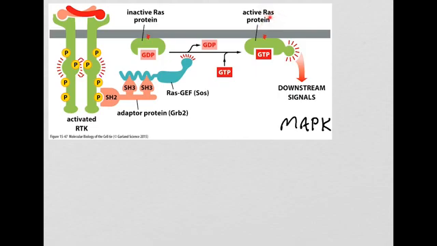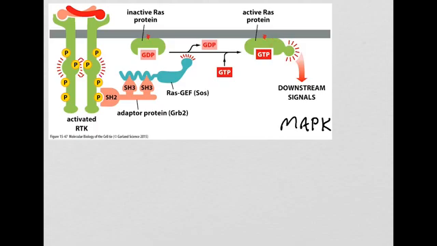RAS is the name of the family that includes most of the other G proteins that we've talked about, not the heterotrimeric ones, although it does have a RAS domain, but things like RAB and ARF, those are members of the RAS family.